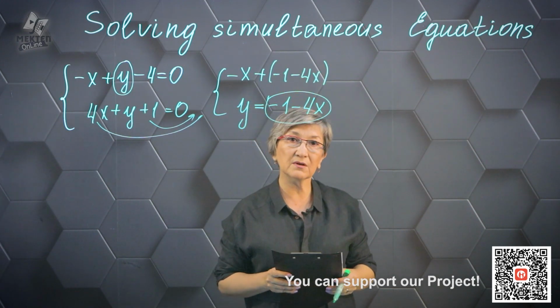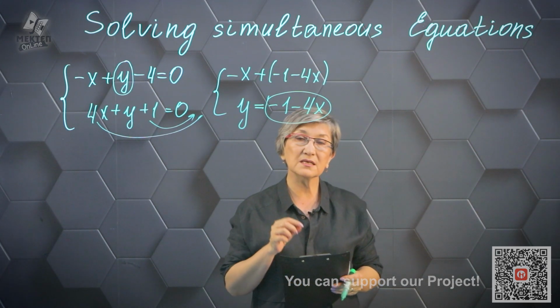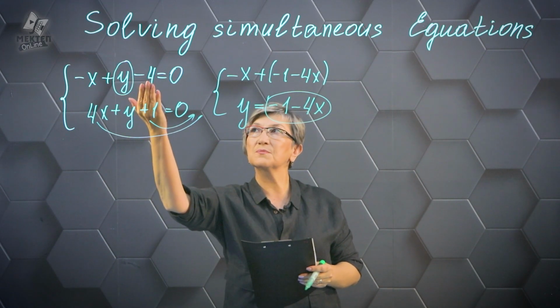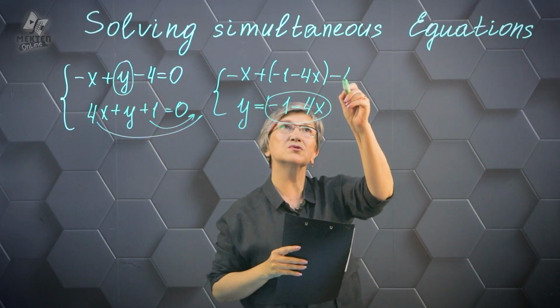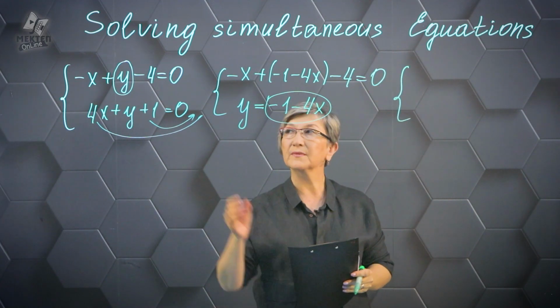Notice I've written this expression in parentheses so that we don't lose the sign and don't make a mistake. Next, I have minus 4 equals 0.